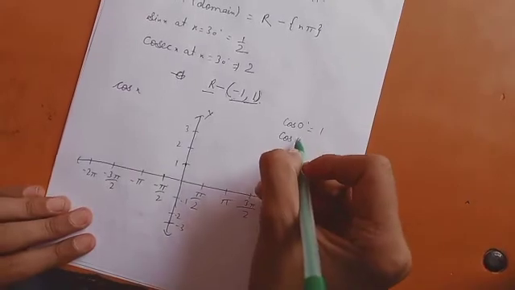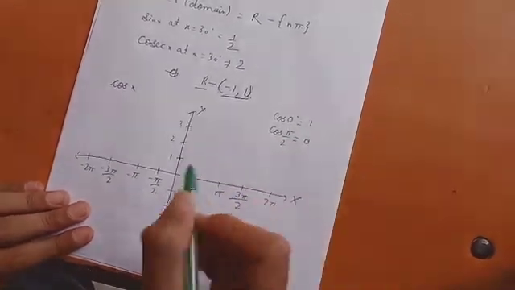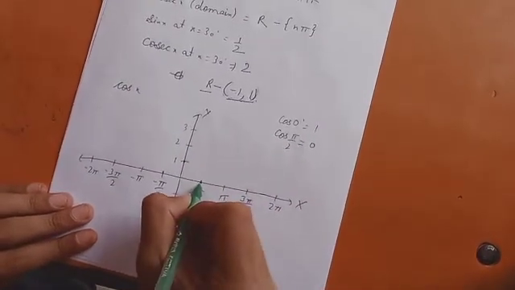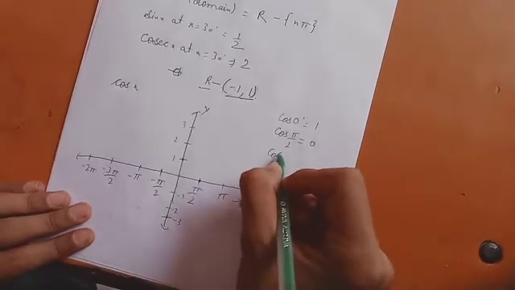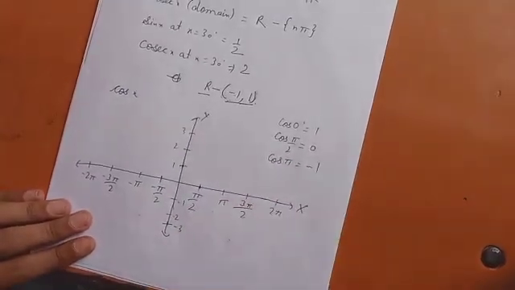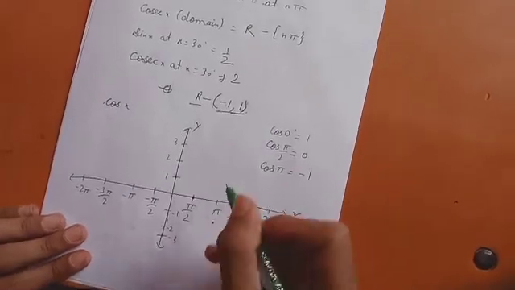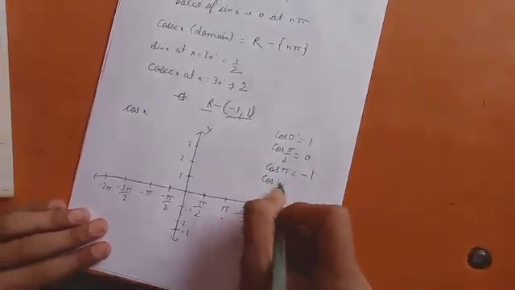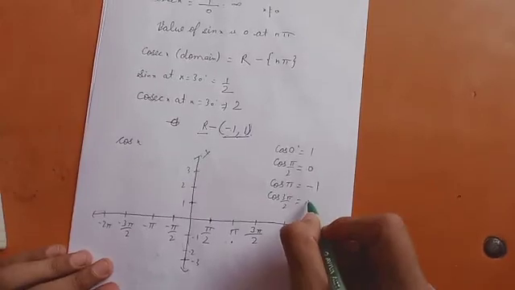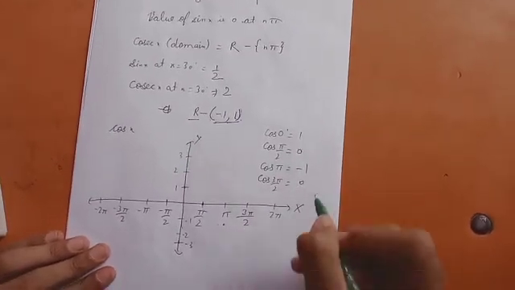So its value is here. What is cos pi by 2? Cos pi by 2 is 0. Cos pi is -1, so its value will be here. Cos 3 pi by 2 is again 0.